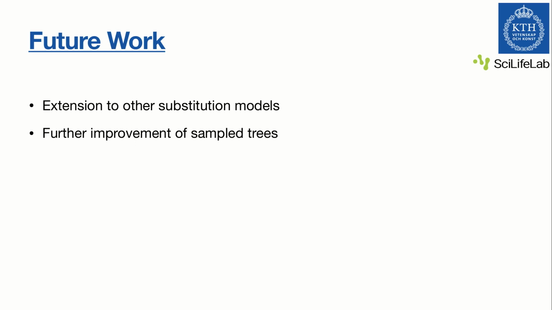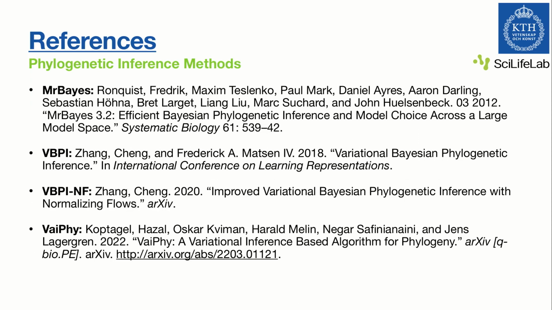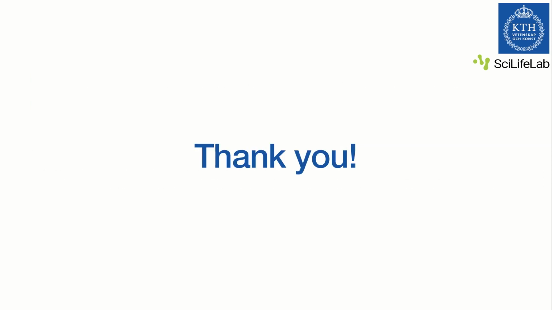Right now we are working on extensions to other substitution models, and on further improvement of our sample trees. These are some references I mentioned throughout the presentation, and thank you for listening.